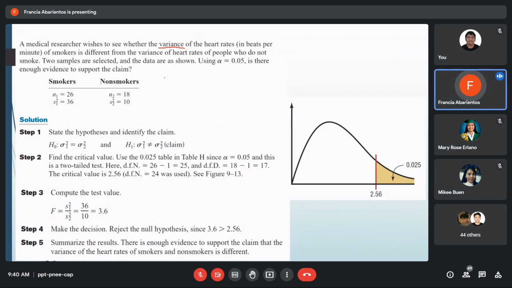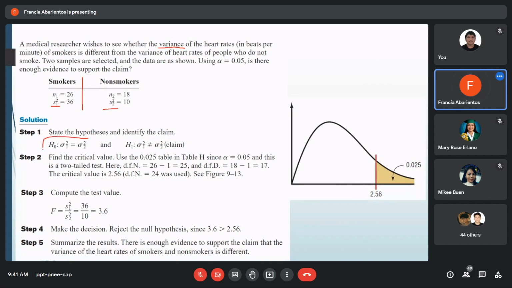Wait lang, class. Nawala ako. Okay, madali na, class. Pag given sa atin yung variances, mas madali nga yung formula. So, two samples are selected and the data are shown. Using the alpha of the given problem, which is 0.05, is there enough evidence to support the claim? Given sa atin yung sample, the smokers and the non-smokers, you have the sample variances. We need to state the hypotheses and identify the claim.